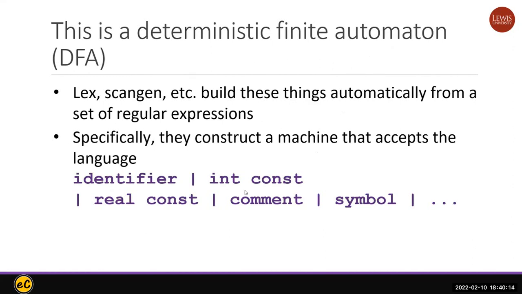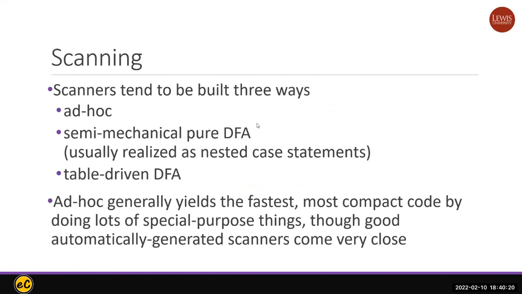You have identifier, integer constant, real constant, comment, and symbol. These are the so-called tokens. And we can design a scanner to be built in ad hoc format. So we directly use threading function to qualify the tokens. That's called ad hoc scanner.